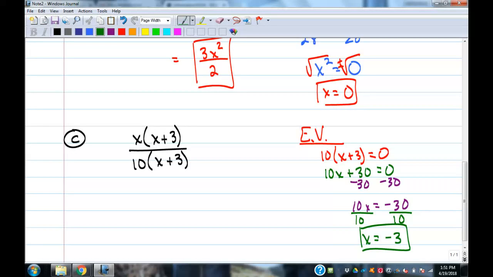What's the matching factor? X plus 3 matches this x plus 3. Just like on the previous problem, the 14 matched the 14, and they canceled each other out. The same thing happens here. X plus 3 matches x plus 3, so they cancel each other out.